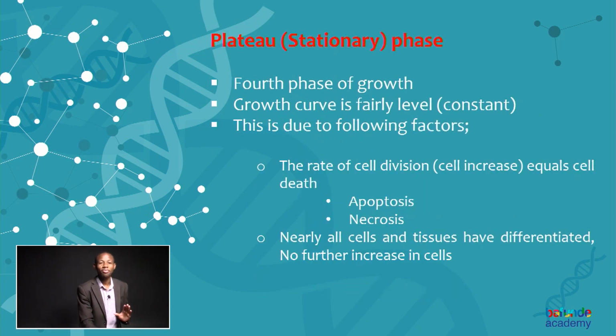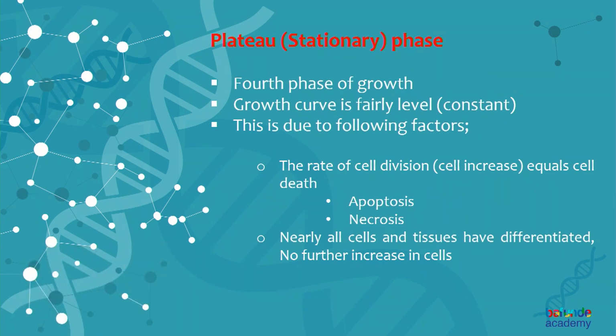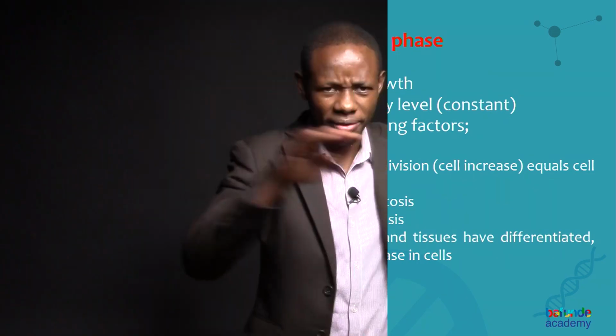And then now we have plateau. From our basic geography in Form 1, we know that a plateau is a raised flat land. Now, I want you to be very keen. Every book will tell you a plateau phase is where the growth is constant. Now, in Bafunde, we don't teach you to pass exams. We teach you the correct information, and we try to make it as useful as possible.